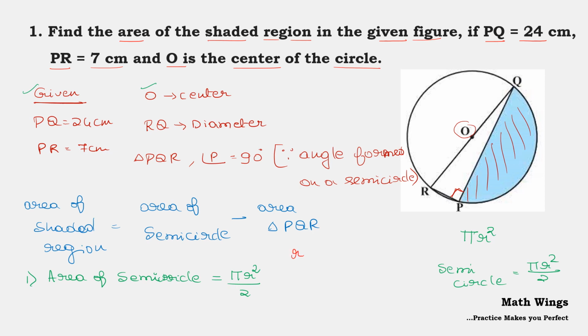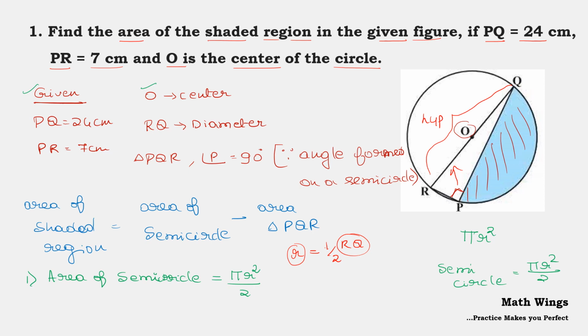If you observe the diagram, r is equal to half of RQ, which is the diameter here, right? Now, if we find RQ, we can find the value of r. So observe, what is RQ here? RQ is the side opposite to angle P, that is, the hypotenuse.